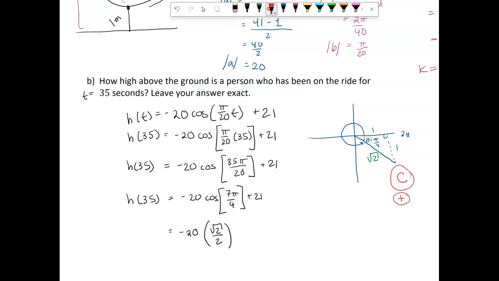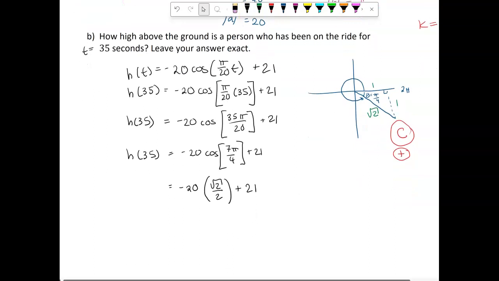So that's okay as root 2 over 2. Then I'm going to finish writing plus 21 here. Solving this, I get negative 20 times root 2 over 2, which simplifies. If I cross 20 and 2 out, I get 10 left over. So negative 10 root 2 plus 21.